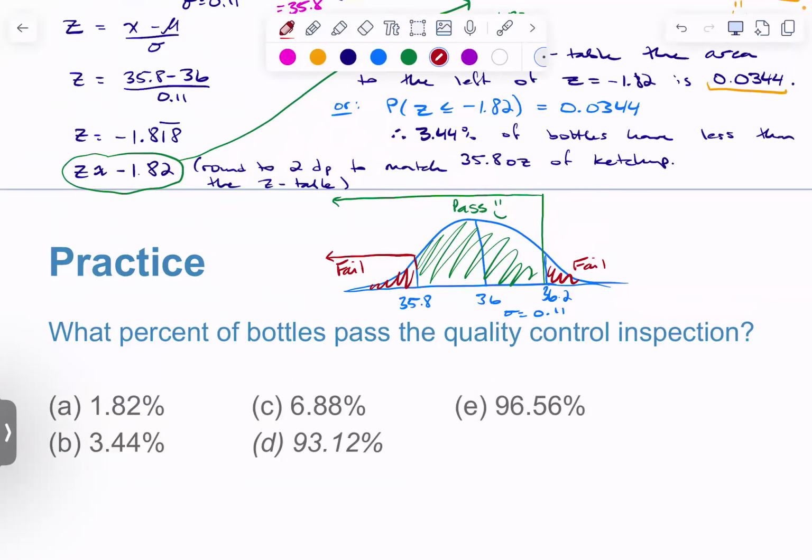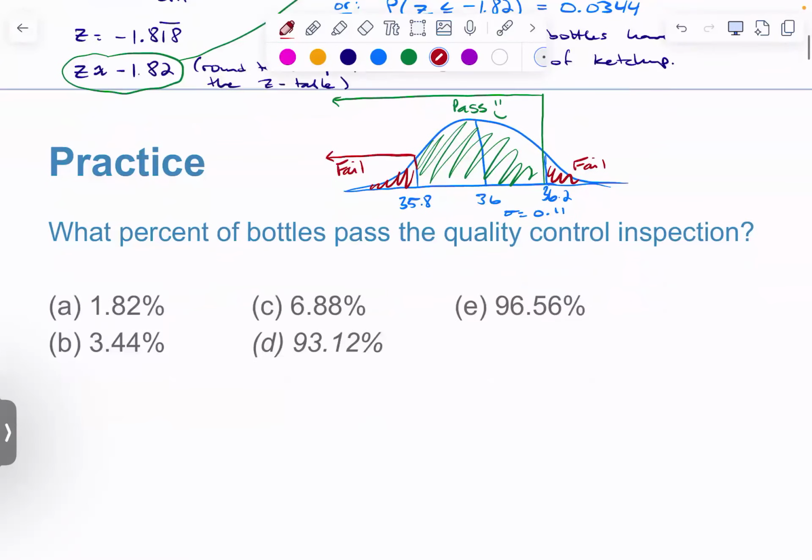So we want to find the percent of bottles that pass the quality control inspection. So we know that this area is 0.0344, right?